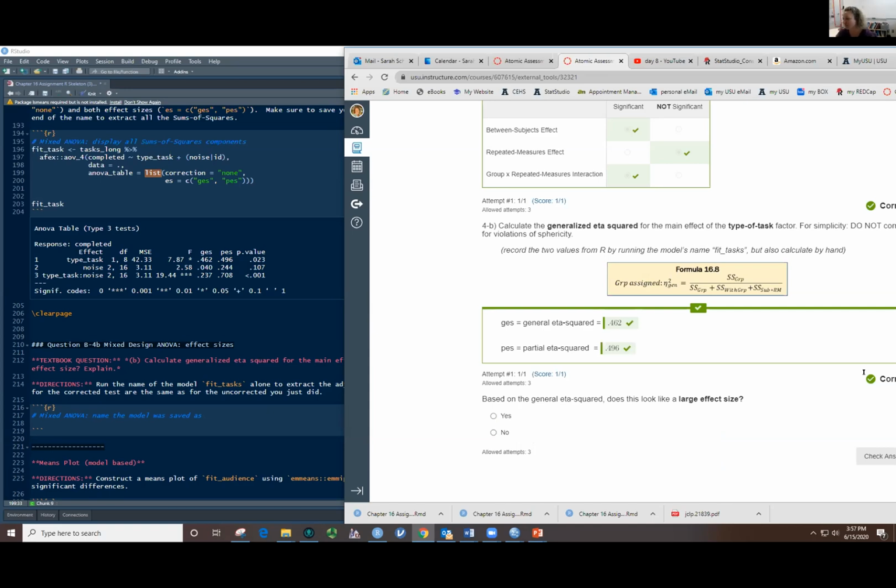Okay, that's okay to three decimal places. So based on the generalized eta squared, does this look like a large effect? This is like 46% of the variance. That's pretty big. I think the cutoffs are like 0.02, 0.13, 0.26 for small, medium, large.